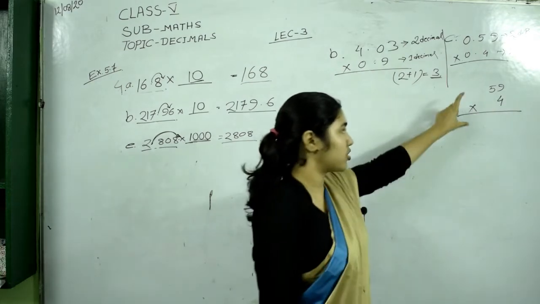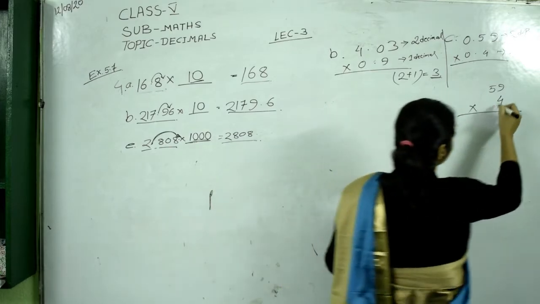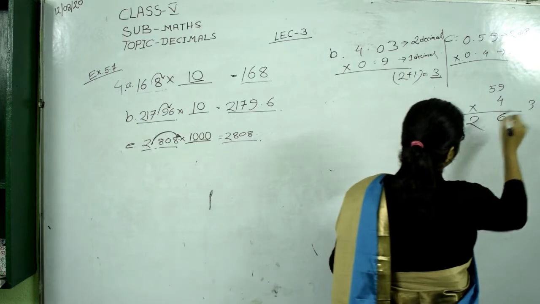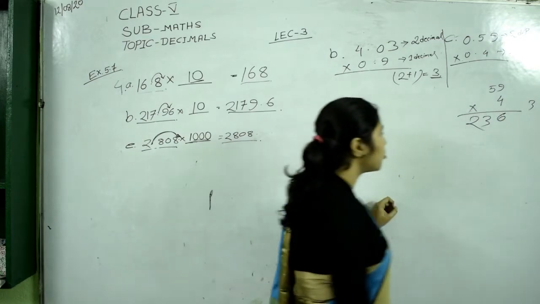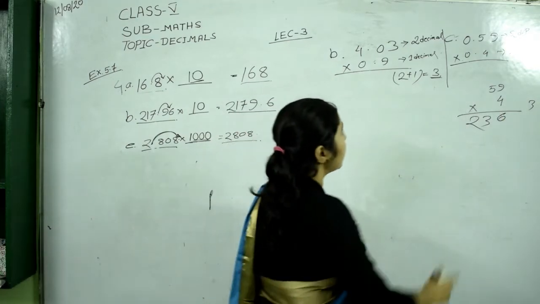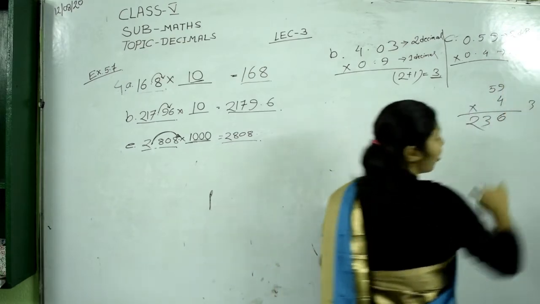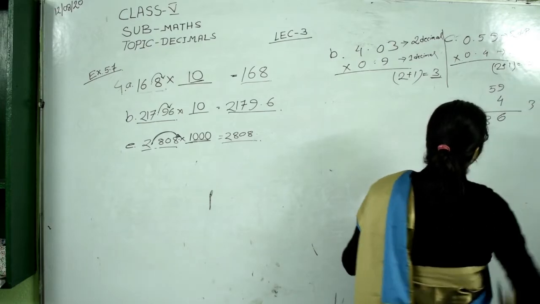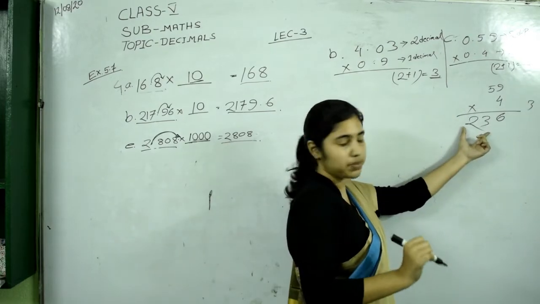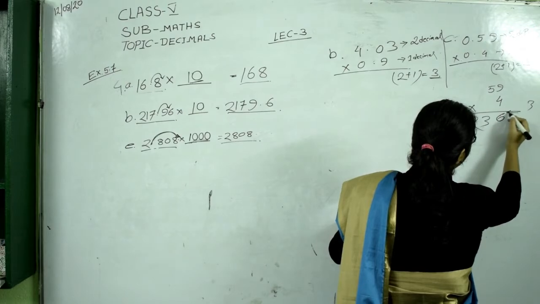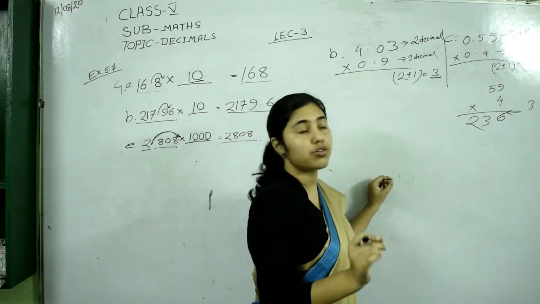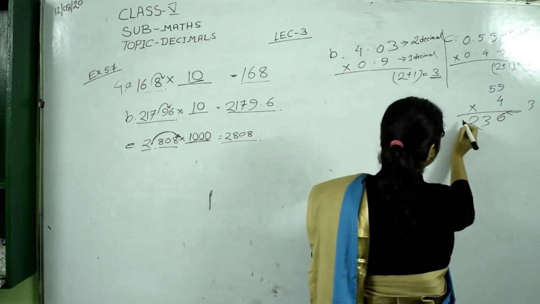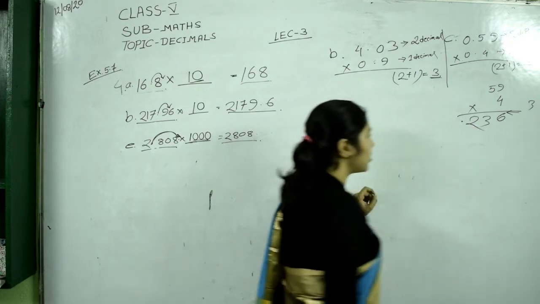Now multiply these two whole numbers. So 9 4s are 36, 20 plus 3, so 236. Now add the number of decimal places. So 2 plus 1 is equal to 3. Now insert the decimal point from right at 3 decimal places. So 1, 2, 3. Add the decimal point here.